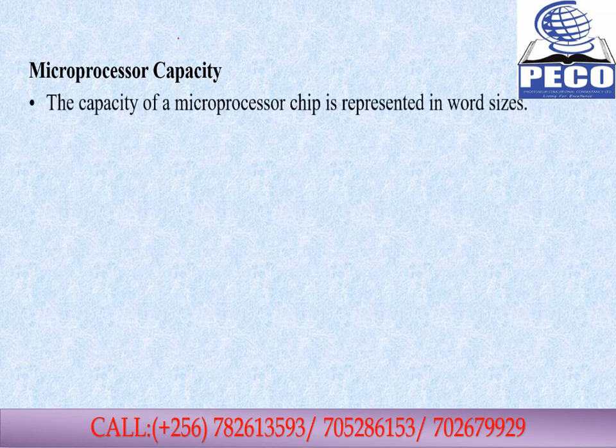Now let's look at the microprocessor capacity. Microprocessor varies in capacity. So it says the capacity of microprocessor chip is represented in word size cells. Which word size that the processor can, or how many words that microprocessor can process at a go. How many words?